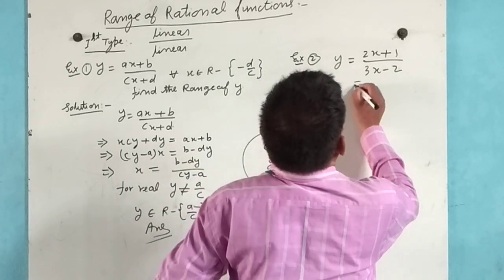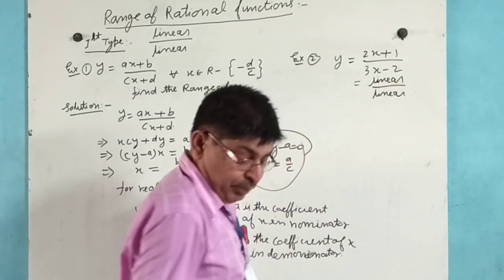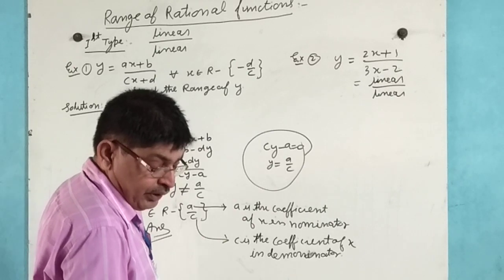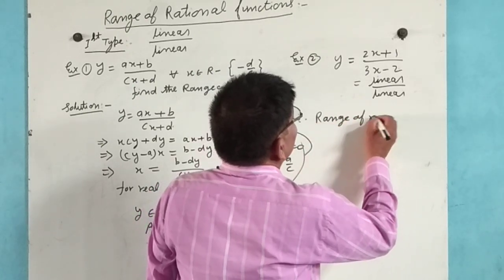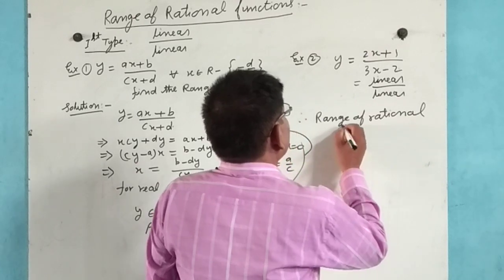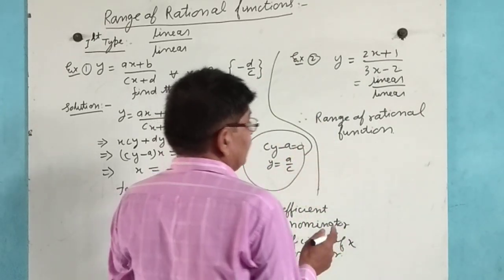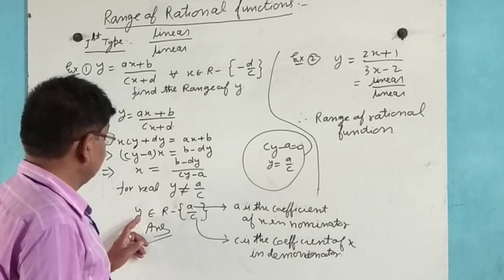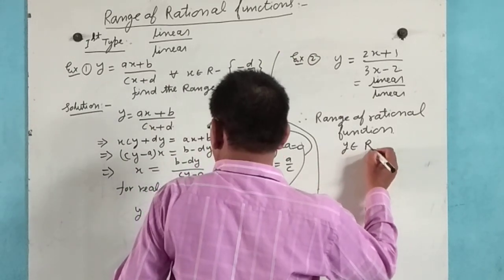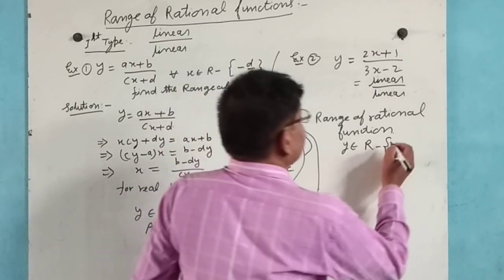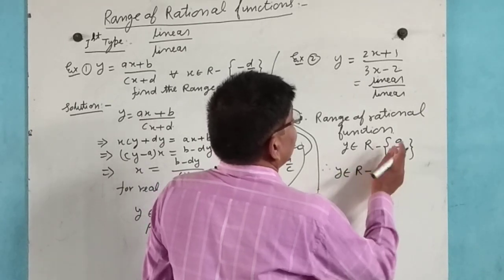This is in the form of linear by linear, so the range of this rational function is y belongs to R minus a by c.